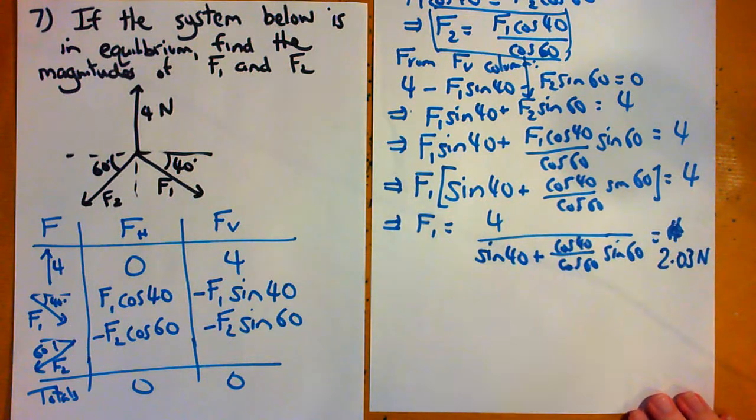Okay, so we've got F1. Now we've done all the hard work because we've already in the process got an equation that has F2 as the subject, which is the equation that you see in the box above. F2 equals F1 cosine 40 over cosine 60, and all that needs to be done to find F2 is substitute in 2.03.